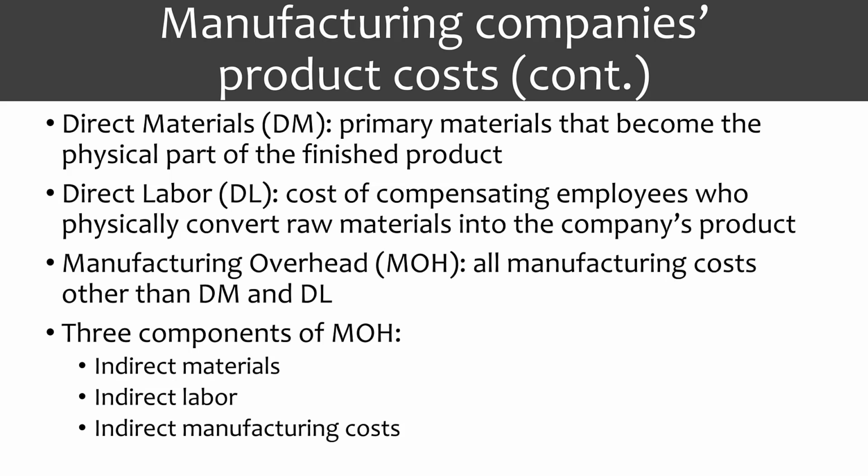That's the cost of compensating all employees working in the manufacturing plant other than those employees who are direct labor. So this might be supervisors, security people in the plant, things like that. And then we have all other indirect manufacturing costs. That would include things like depreciation on the plant, property taxes, plant insurance, things like that.